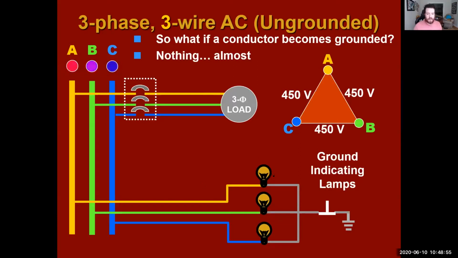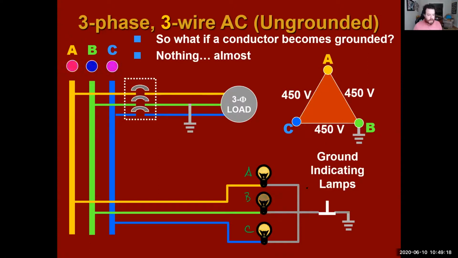All right. And what you're testing for is each one of these. You have your A phase, B phase, and C phase. And each one of these lights is going to represent a ground on each one of those.